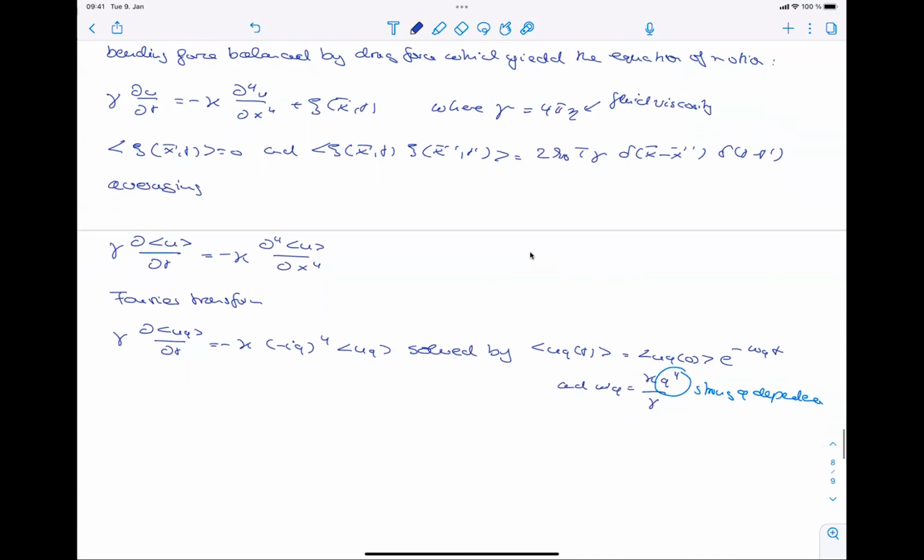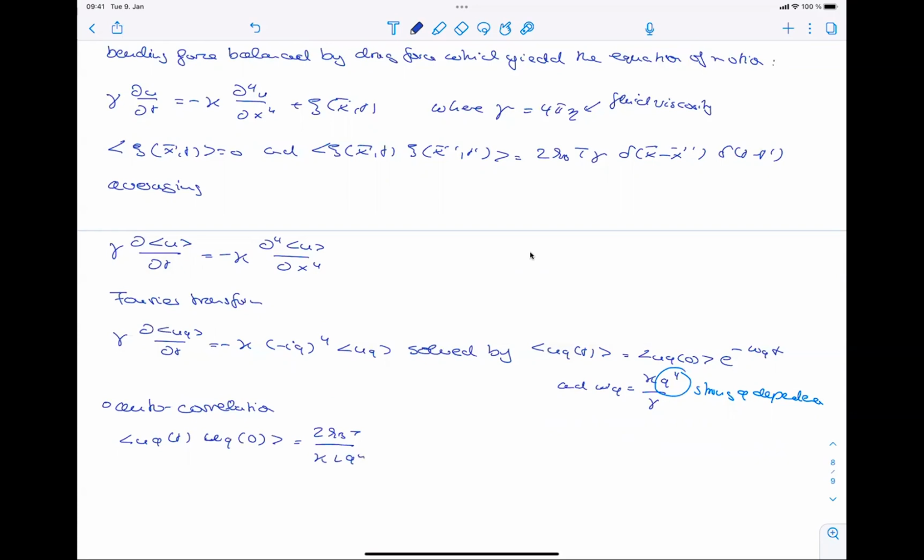And as a prerequisite for next week, I'm just going to note down the autocorrelation, next Friday. Namely, the correlation of uq(t) and uq(0) is then given by, here's where the noise factors in, 2 kBT over kappa L q to the 4.